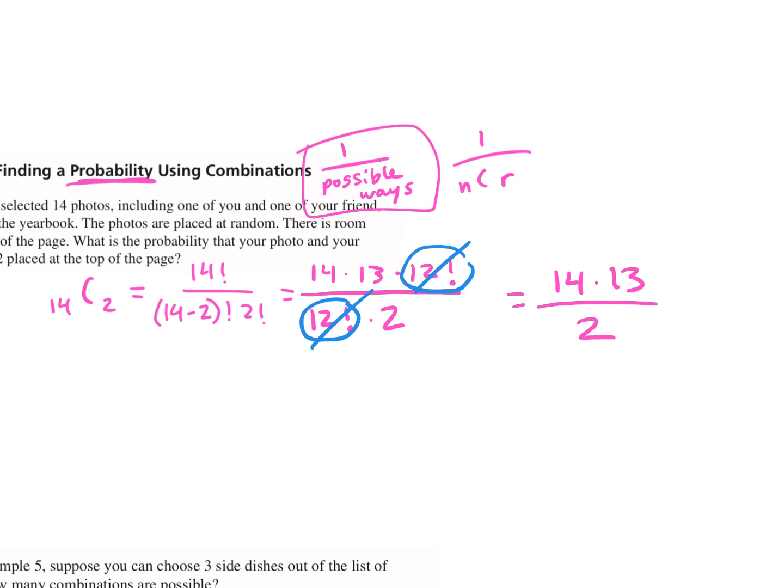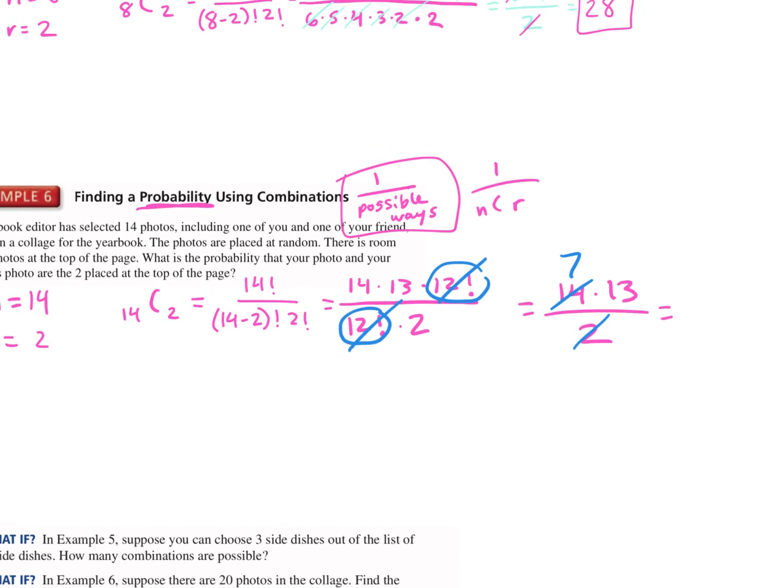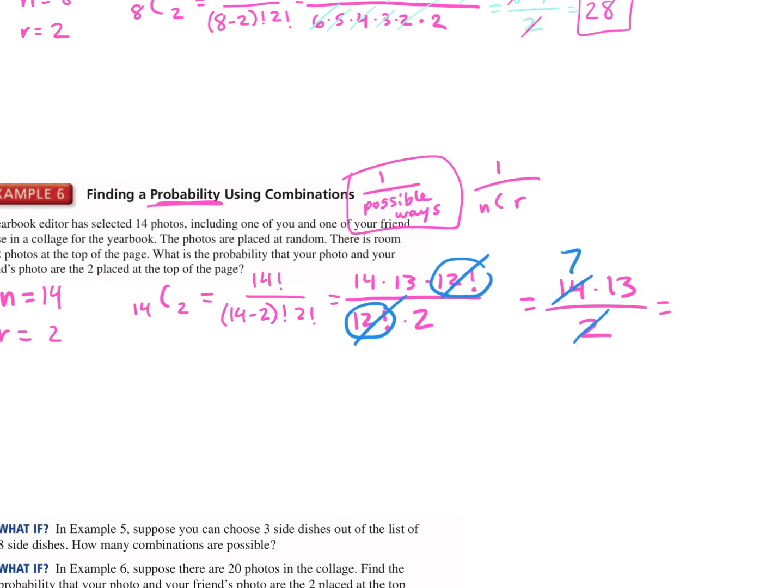I can do a little bit more simplifying because I know 2 goes into 14 7 times. So on the top, I actually just have 7 times 13. What's 7 times 13? 91. And since this question is asking about probability, it's going to be 1 over 91.